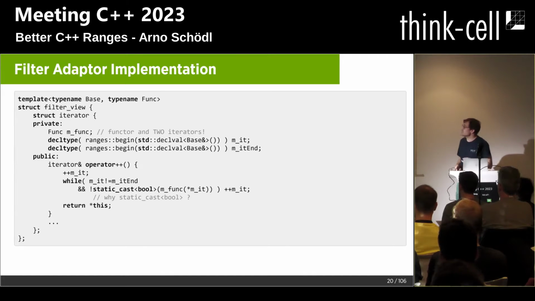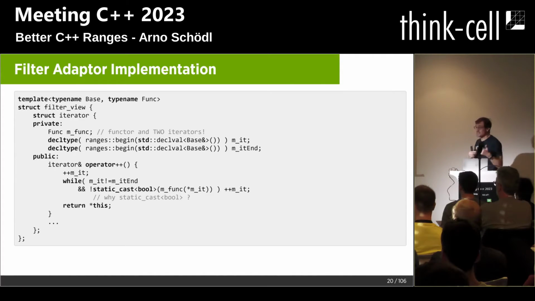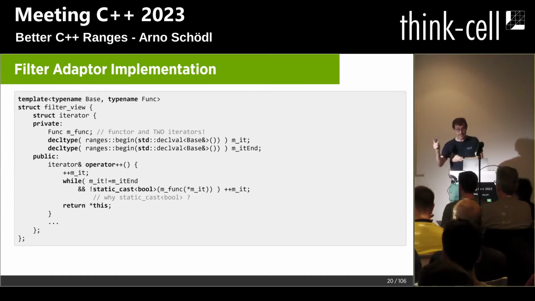Here is a possible implementation. Now you again have an iterator that is basically the iterator of your filter. And it has a functor and 2 iterators. One is the base iterator, where we are currently at, with which we skip the elements. But the problem with the skipping, and that's clear from the operator increment down there, is, well, we may fall off the end.